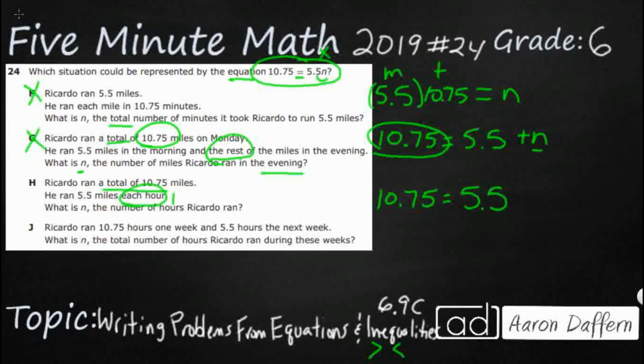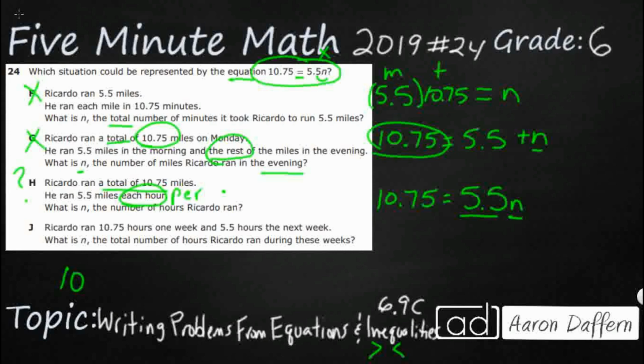So we get each hour here, and that each hour or that per hour, that is typically going to be reserved for multiplication. And that's exactly what we're going to do. We're going to multiply the number of hours. So this is his speed, 5.5, number of hours, n hours, and we're looking for the total of 10.75 miles. So that probably works.